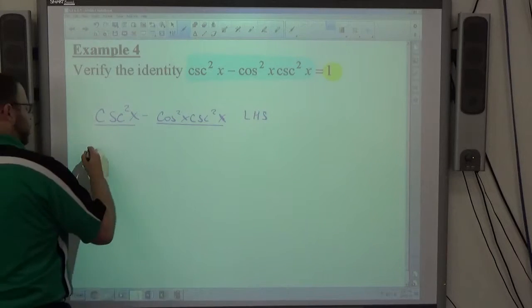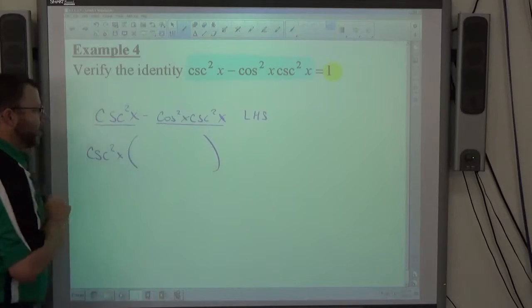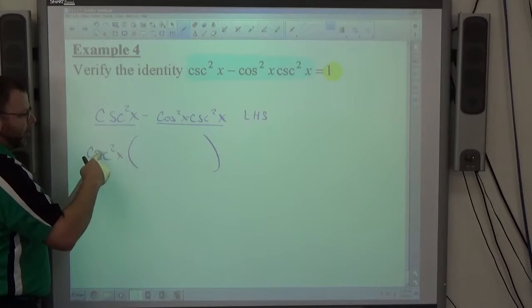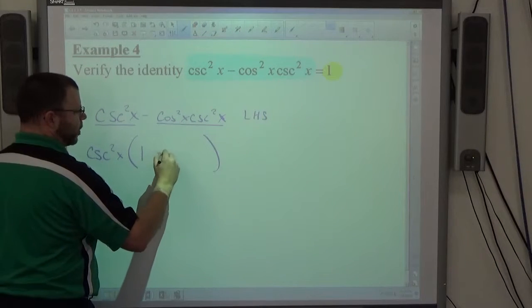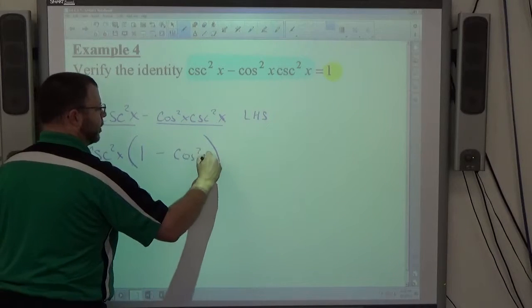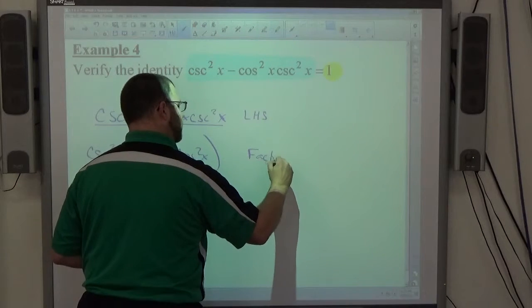I see that cosecant squared of x is common. Cosecant squared taken out of cosecant squared is going to be 1, and cosecant squared taken out of cosine squared is cosine squared. That's just factoring the greatest common factor.